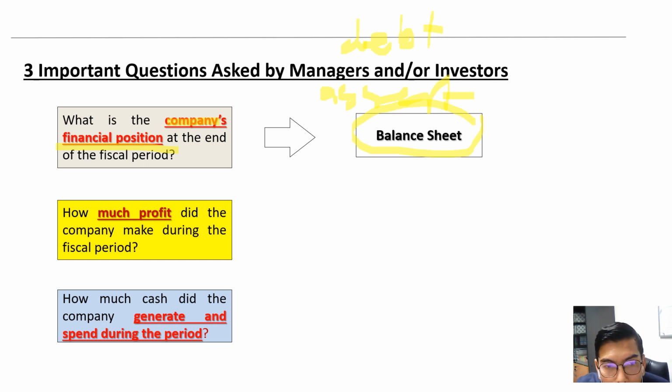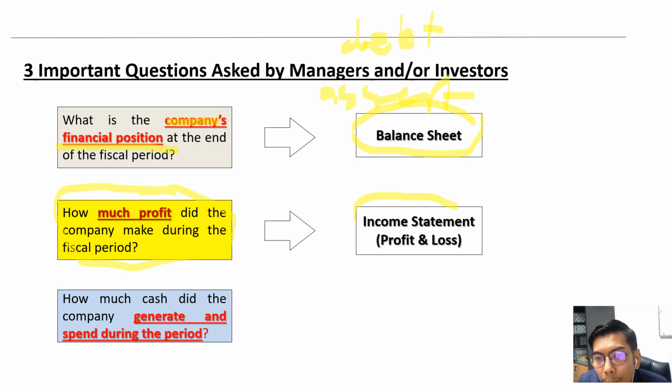The next question they are going to ask is, how much profit did the company make during the fiscal period? Sepanjang setahun, is there any profit or is there any loss that your company is making? We show them by preparing our income statement or profit and loss account. The name itself is very obvious.